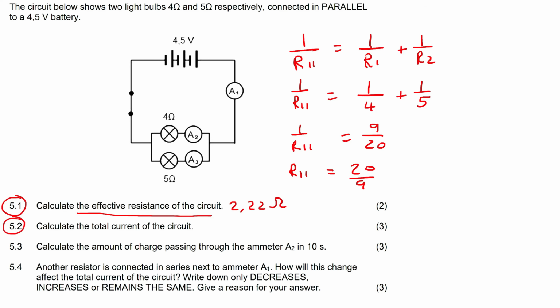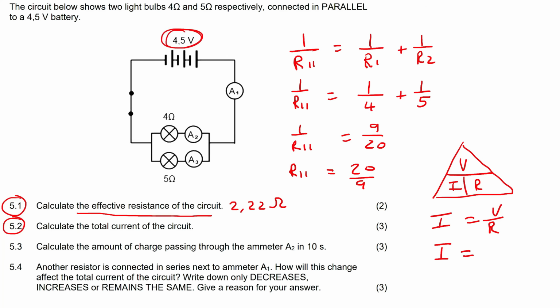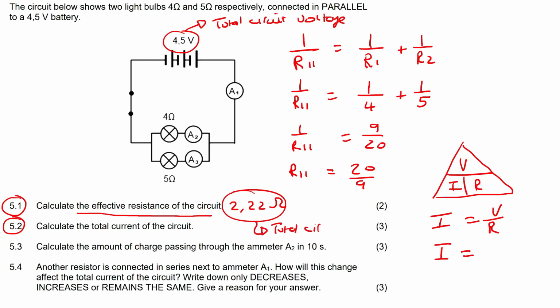This one says, calculate the total current in the circuit. So we know that we have the VIR triangle, and we know that current is I. So if you want to get I alone, it's V over R. This is an easy question because we know this is the total circuit voltage, this over here is the total circuit current, and this here is the total resistance.